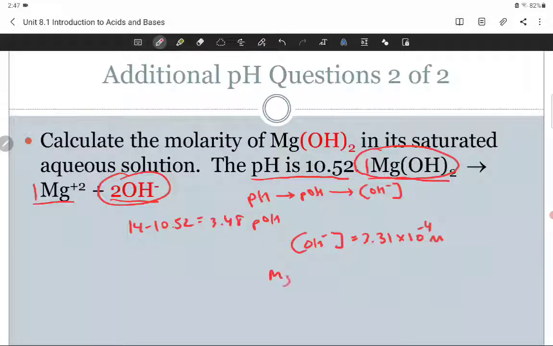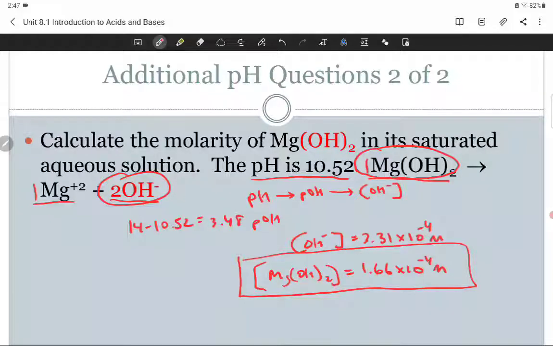To get the magnesium hydroxide, you need to divide that number by 2. So stoichiometry seems to never go away permanently here. And that's it for today.